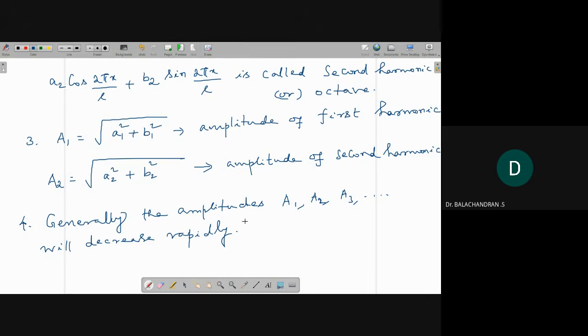Hence in most harmonic analysis problems, we may find the first few harmonics.